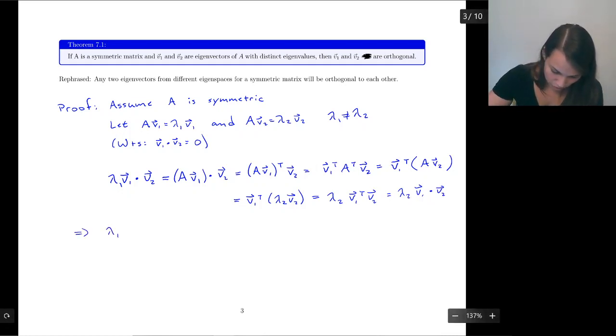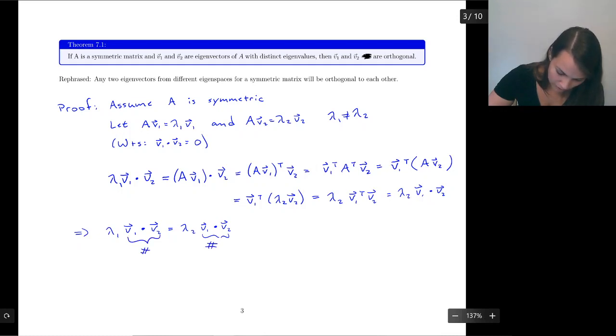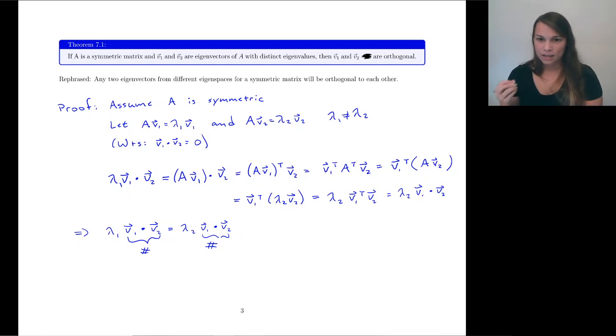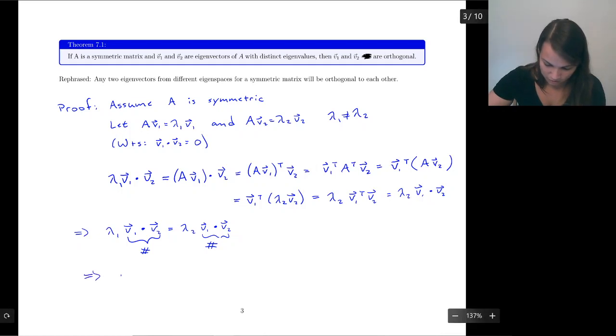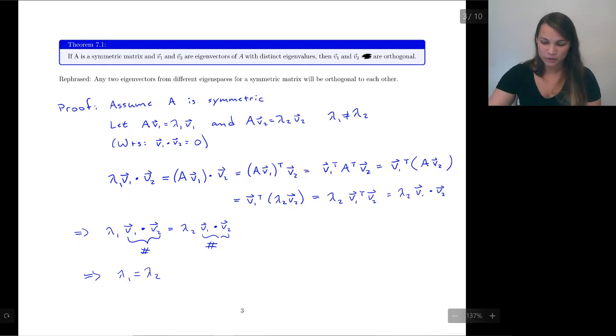So, long story short, we have this now equals this. Kind of like last time, that's a number and that's a number. They are the same number. And so if we divide by those numbers, we will end up getting lambda 1 equals lambda 2, which is bad. We can't have that happen. We said they weren't equal.